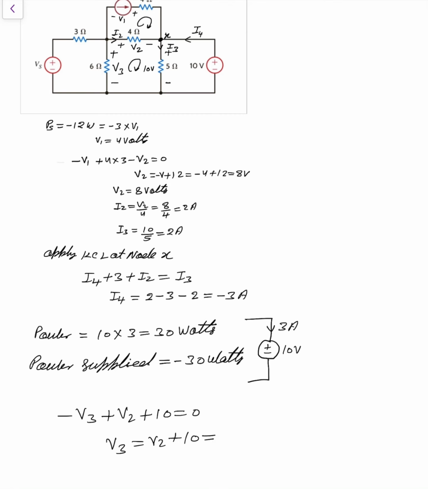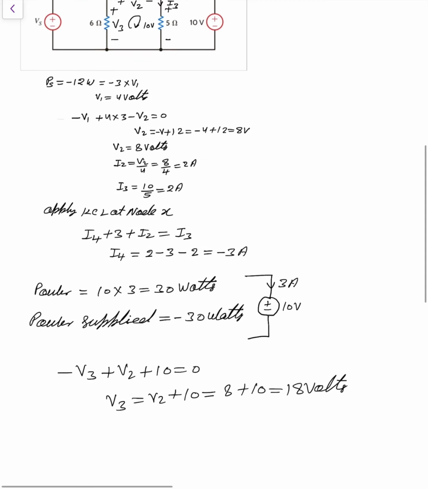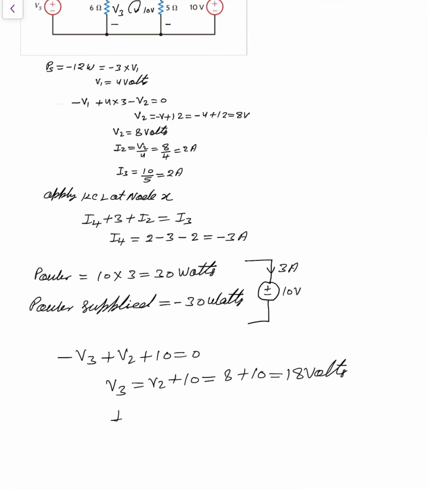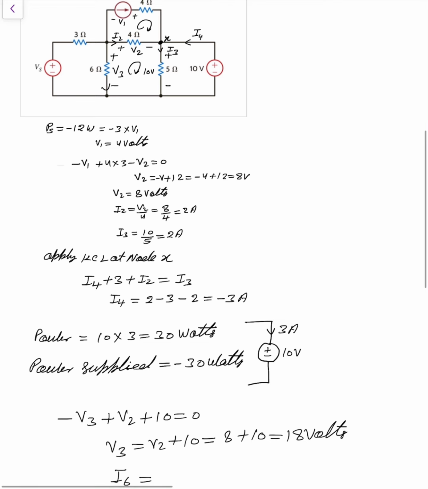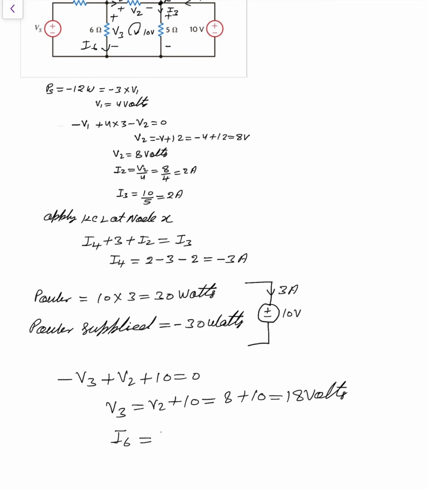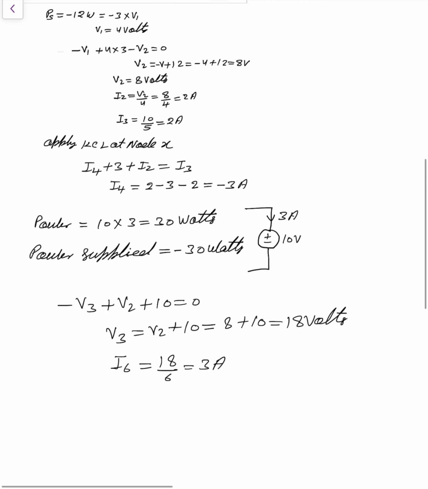V2 is 8, so 8 plus 10, that is 18 volt. And what about the current in this branch? Suppose it is I6. So 18 divided by 6 ohm, that is 3 ampere.